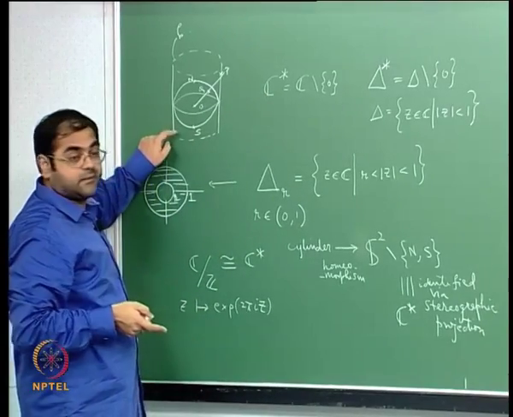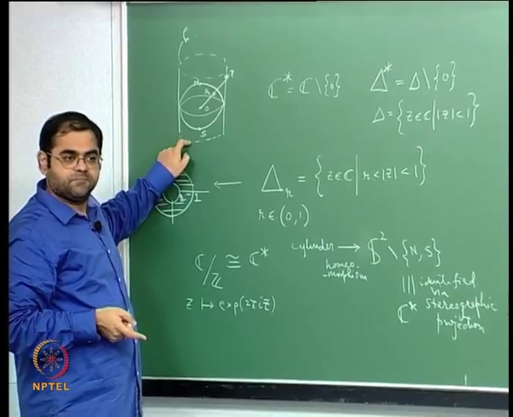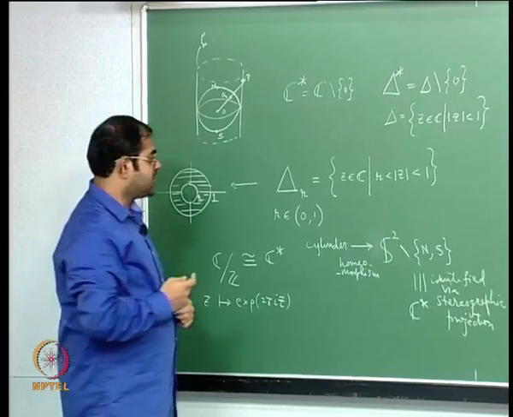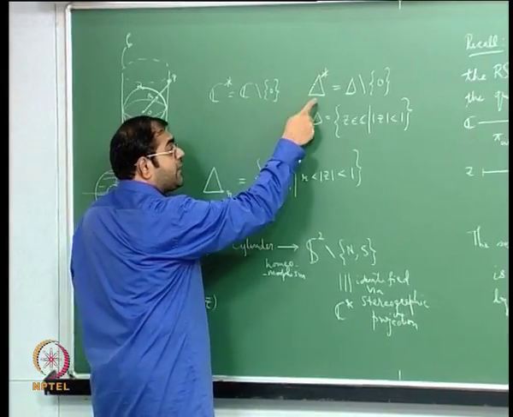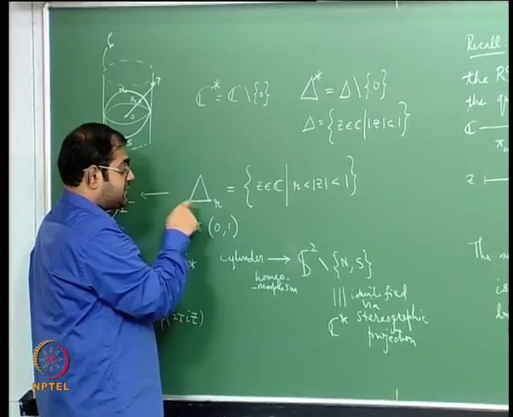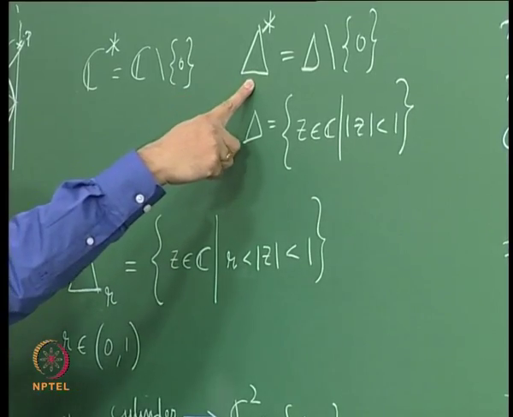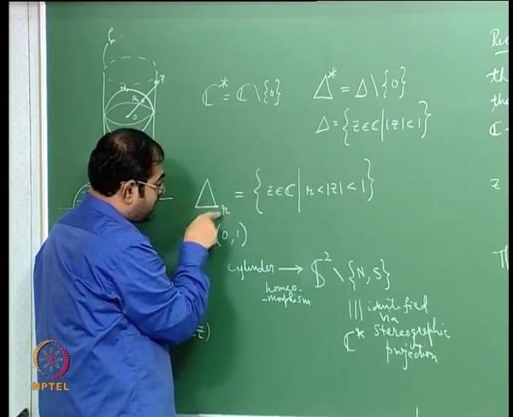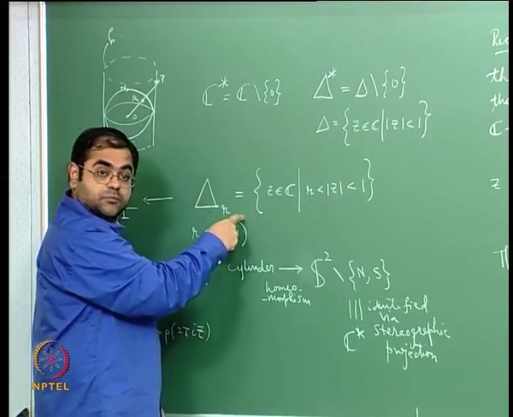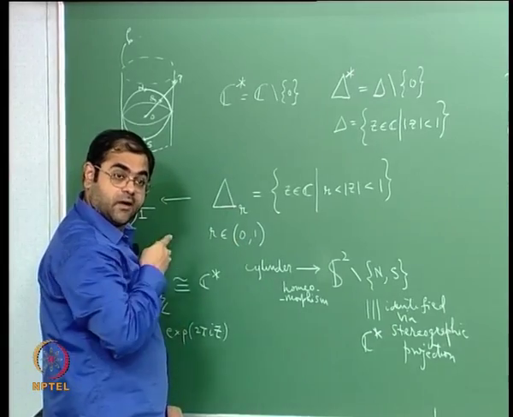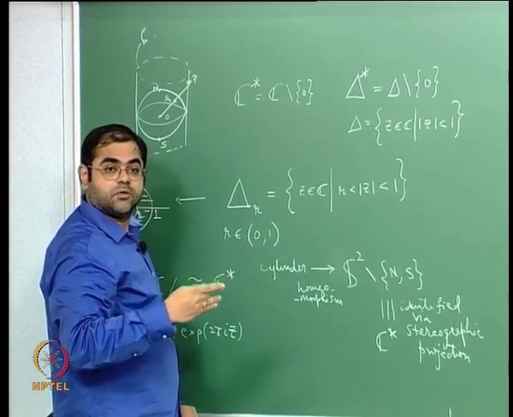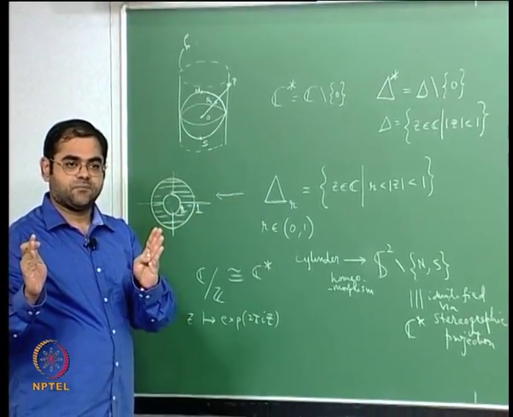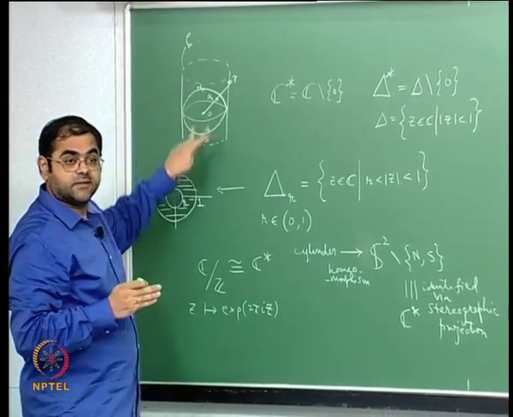So you are going to get some other non-isomorphic Riemann surface structures on the cylinder, okay, and then in fact the amazing thing is that no Riemann surface structure of the form that is there on delta R can be biholomorphic to the Riemann surface structure on delta star, and in fact if you take delta R1 and delta R2 for different R's, they are all non-biholomorphic. So the amazing thing is you get a whole family of possibility of Riemann surface structures on the cylinder, okay.